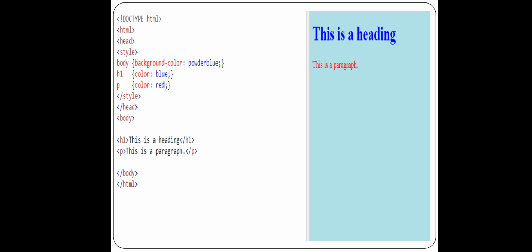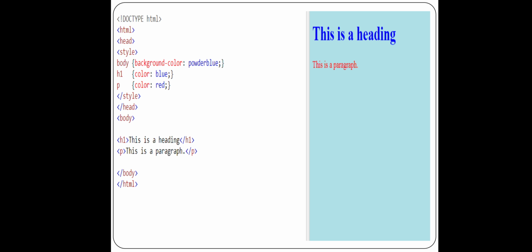For body, the background color should be powder blue. In the output you can see the whole background color is powder blue. Then on the new line, H1 color colon blue, meaning blue color is assigned to H1, only H1.